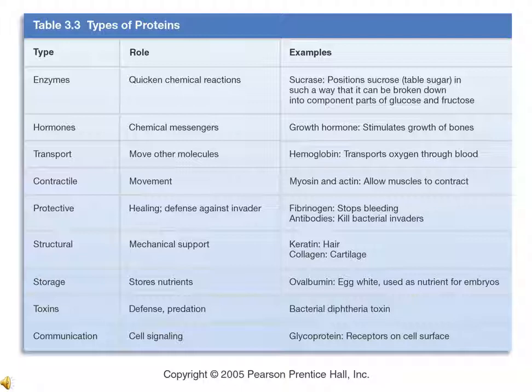Functional proteins would be things like enzymes, which carry out chemical reactions, antibodies, which are important in an organism's defense mechanisms, hormones, which are important in carrying out important messages, and so on. So look at this chart and try to get a reasonable understanding of the different types of proteins and their important roles in a biological system.